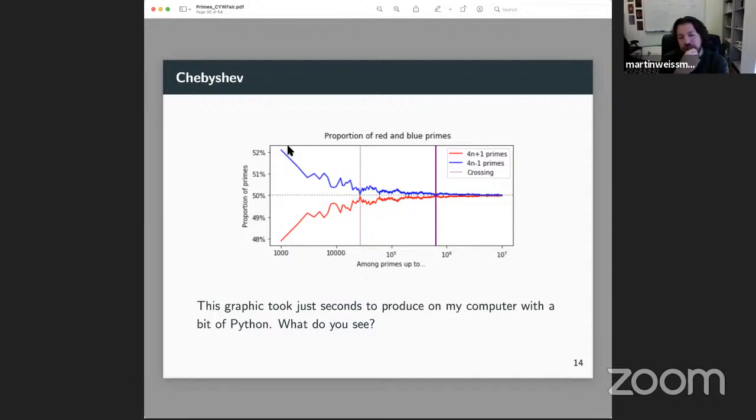Yeah, convergence, I'd say, is something that seems to be happening. These lines seem to be going together, approaching 50-50 over time, getting closer and closer to 50-50. Anything else? There's kind of some jumpiness to this.